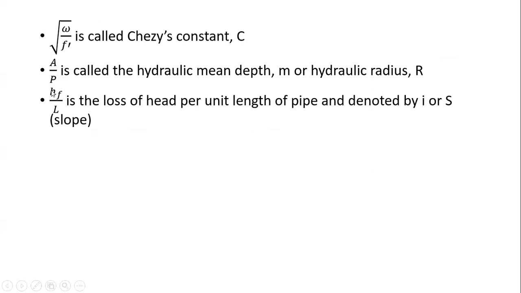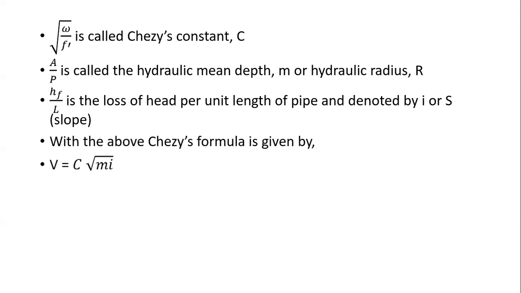Then A over P is our hydraulic mean depth, or simply R. Then hf over L is our loss of head per unit length of the pipe, and that's I or S, the slope. That's how they come out. Now with this, Chase's formula looks this smart. It's simply V = C√(mi).